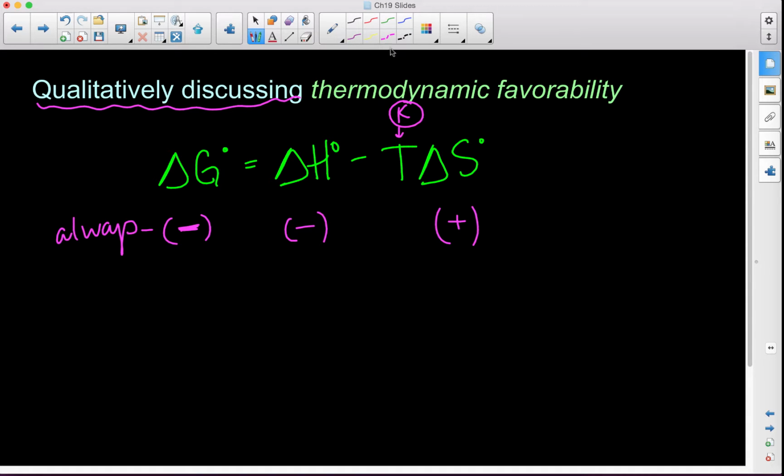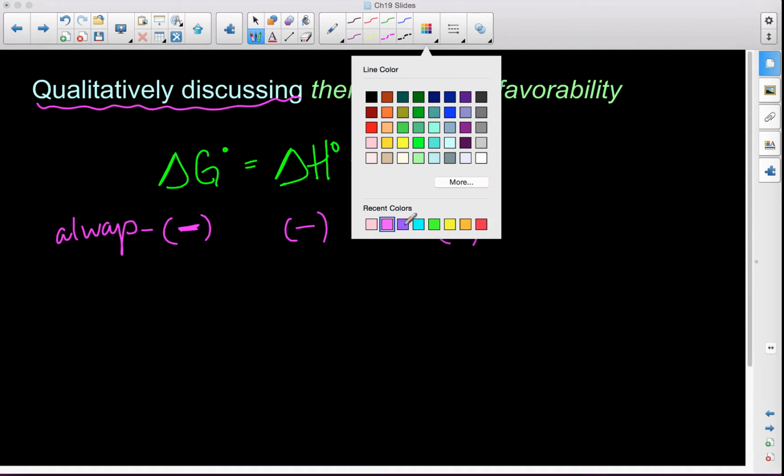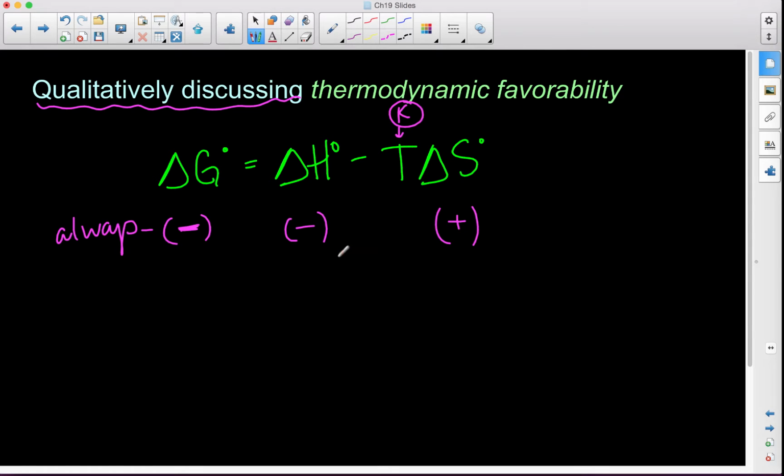Now, let's talk about another scenario. Let's talk about what happens if delta H is positive, meaning unfavorable, and delta S is negative, meaning unfavorable.